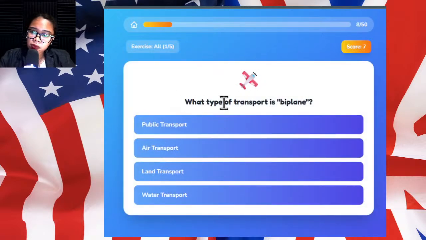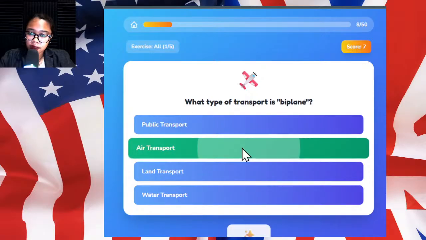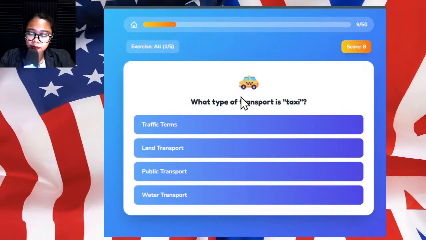Next, what type of transport is biplane? This was already answered. That is an air transport. Taxi, what is a taxi? This is for public transport. It is for everybody. So this is not private, but a public transportation vehicle.